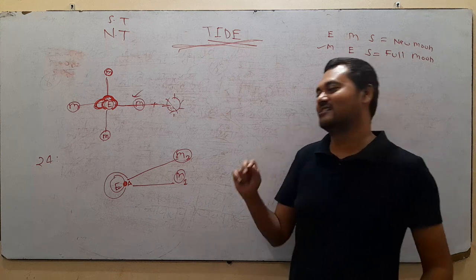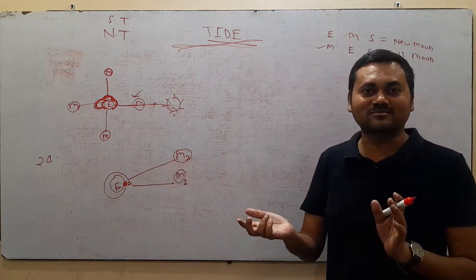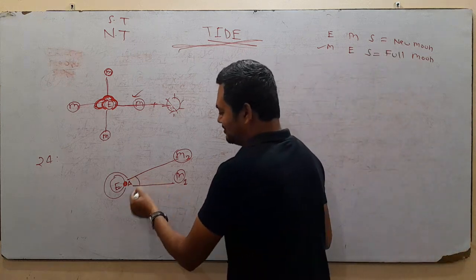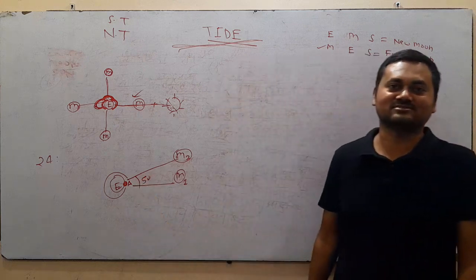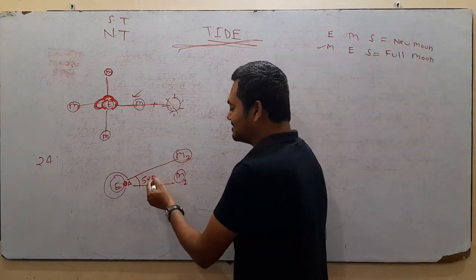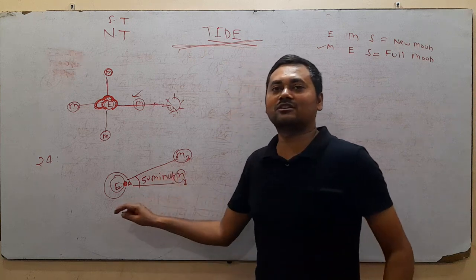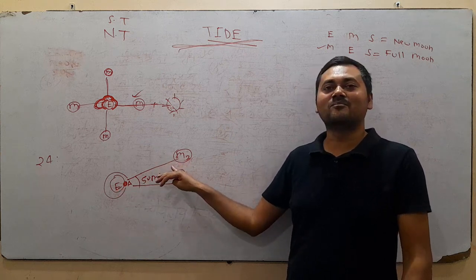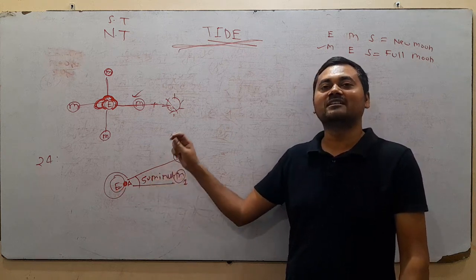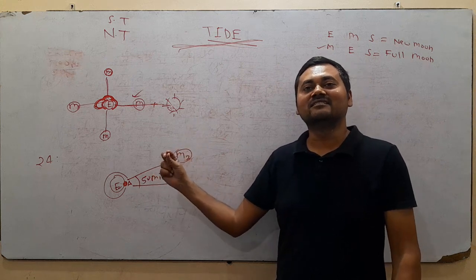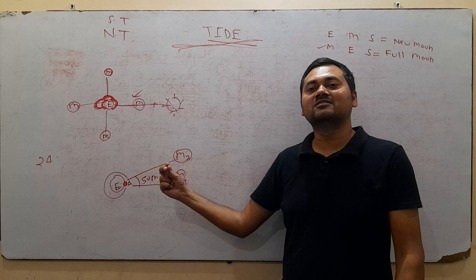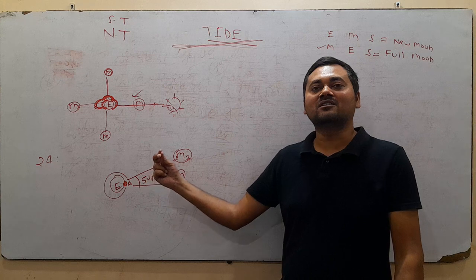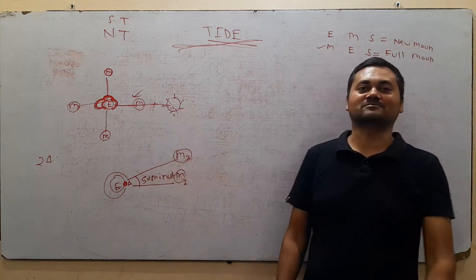By the way, in some books it is written 48 minutes, in some 50 minutes, 52 minutes, but I am going with 51 as it is given in the NCERTs. So you require about 50 minutes more in order to come exactly under the moon, as the moon has also covered a certain distance in that 24 hours in which the earth had completed one of its rotations.